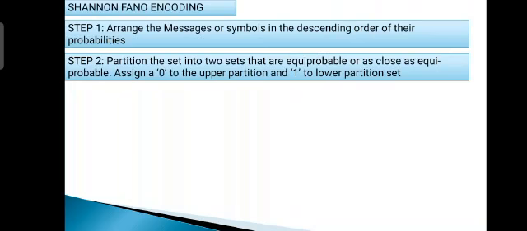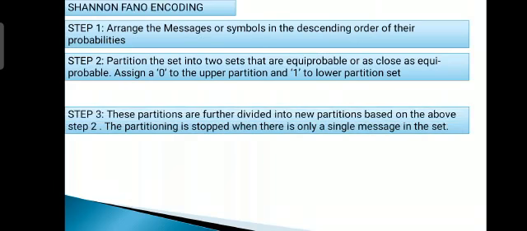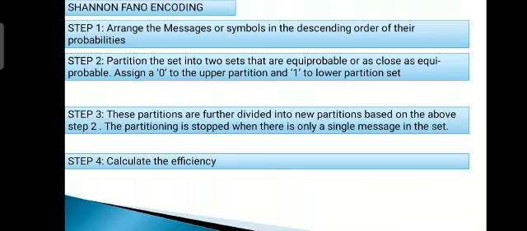Assign a binary 0 to the upper partition set and a binary 1 to the lower partition set. These partitions are further divided into new partitions based on the above said rule. The partitioning is stopped when there is only a single message in the set. Finally, we can calculate the efficiency.